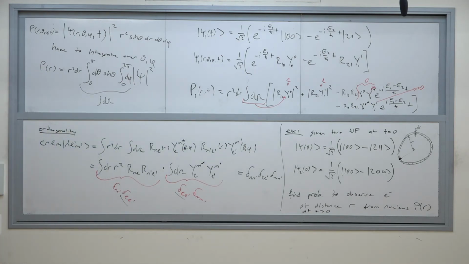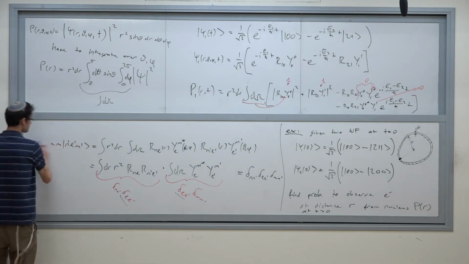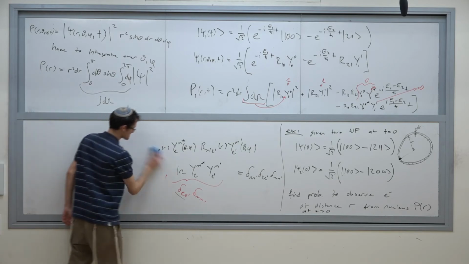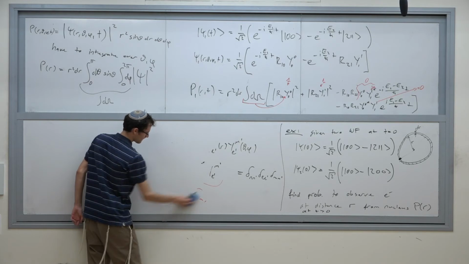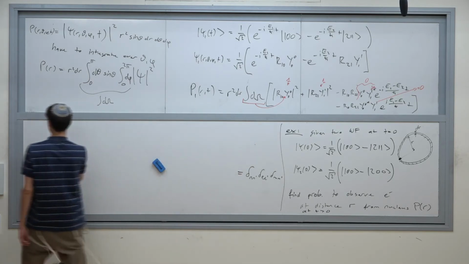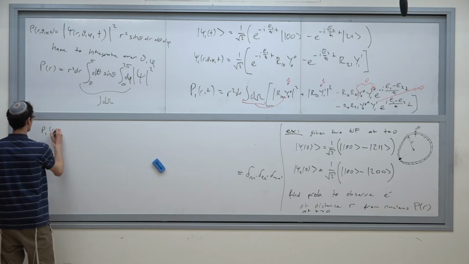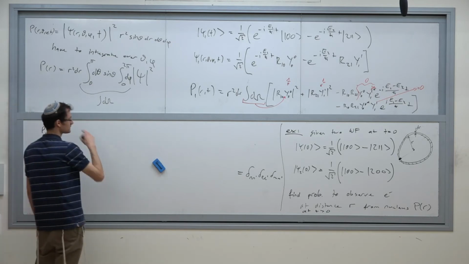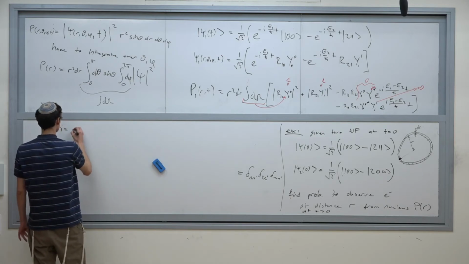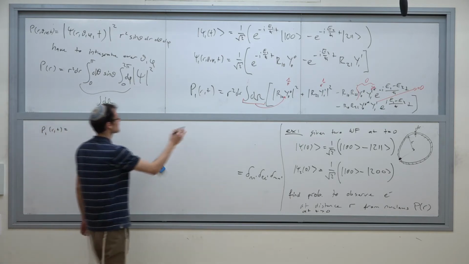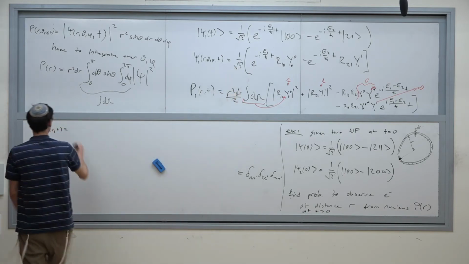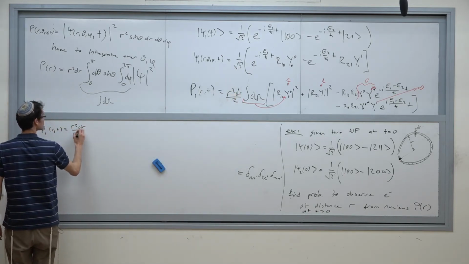So what we then get is that P1 of R and T is time independent. Notice that all the time dependence is cancelled. So it's r squared dr, I'm missing a 1/2 from the root 2 squared, so r squared dr over 2.